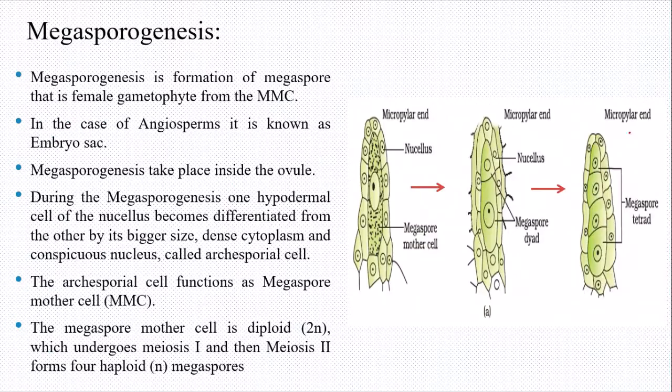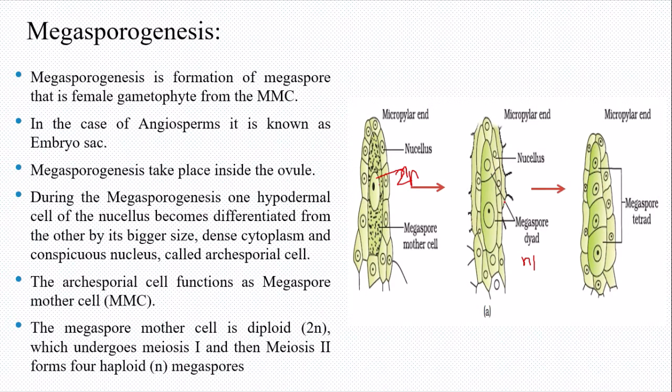So you can see this is the archesporial cell, and it first divides by meiosis I to give rise to a megaspore dyad, first megaspore and second megaspore, while the mother cell is 2n. This megaspore dyad contains two cells having only n number of chromosomes, that is haploid.